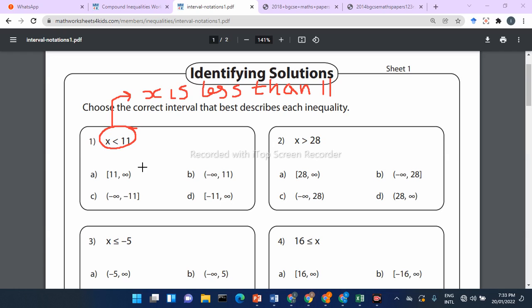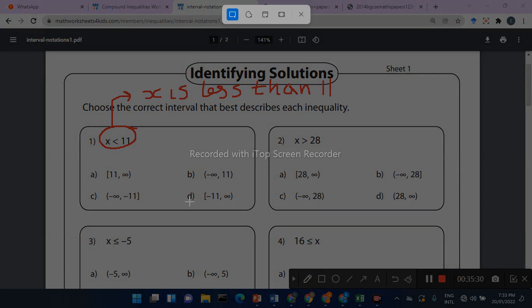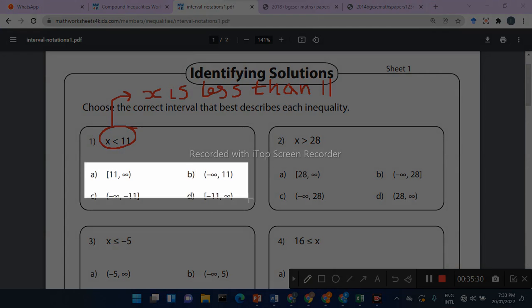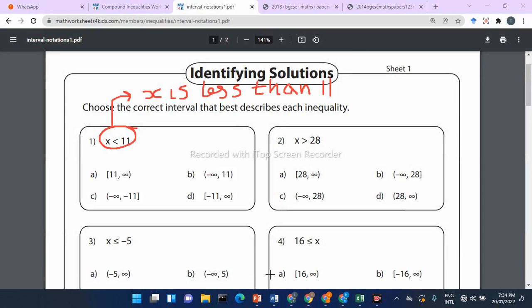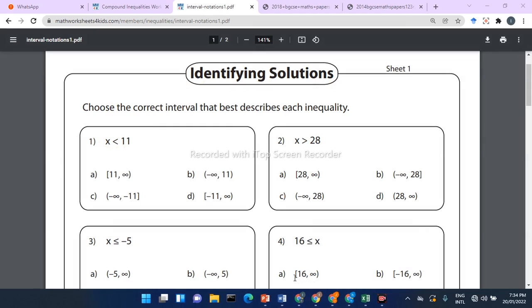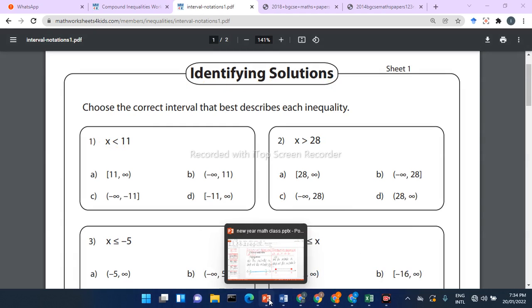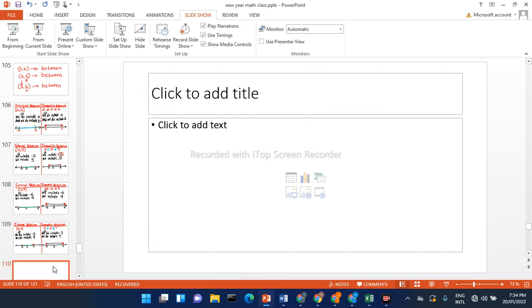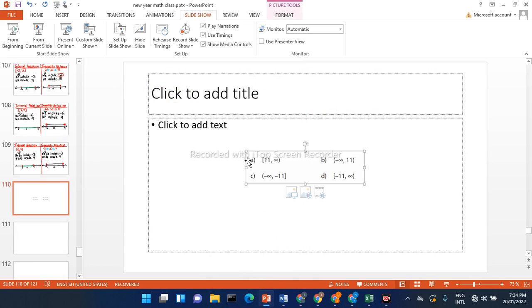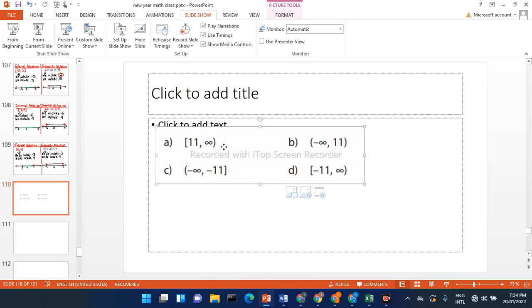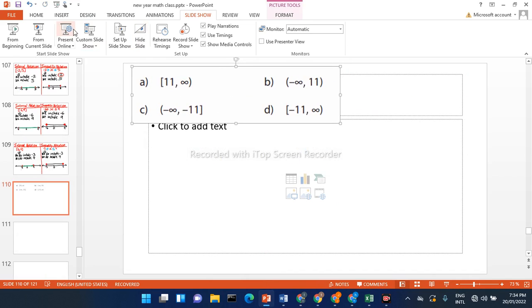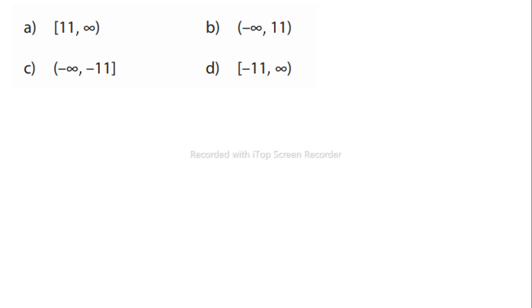We're going to try all of them and see which one is the correct one. So we have these different options, and remember, we're trying to represent.